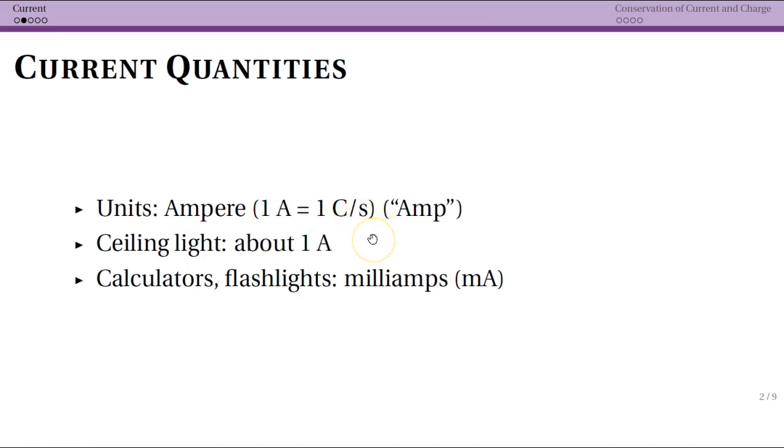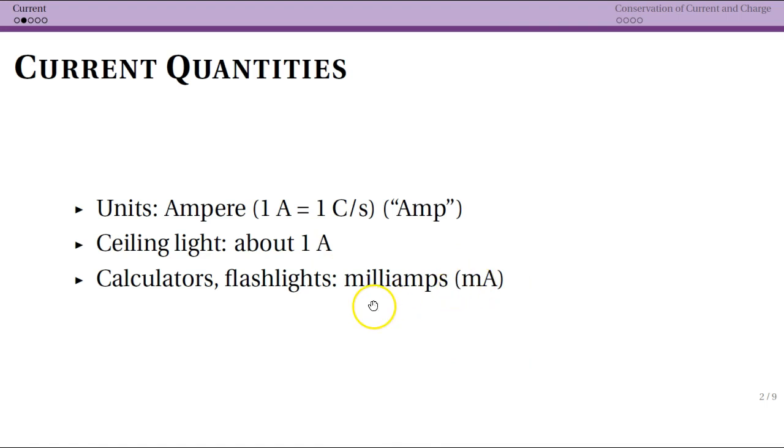If you imagine a normal ceiling light, and this is tricky in that this is certainly true for incandescent lights, if you're talking about an LED light this isn't quite true anymore, but it uses about 1 amp of current, or we would say draws 1 amp of current. For things like calculators, flashlights, anything running off batteries, any small electronics, we're typically talking about milliamps, so that's thousandths of an amp.